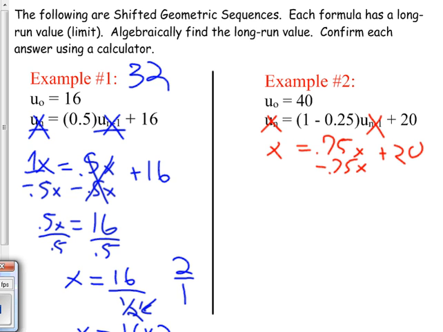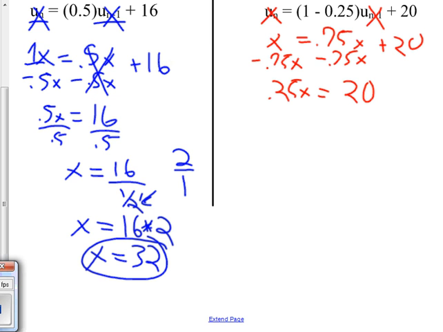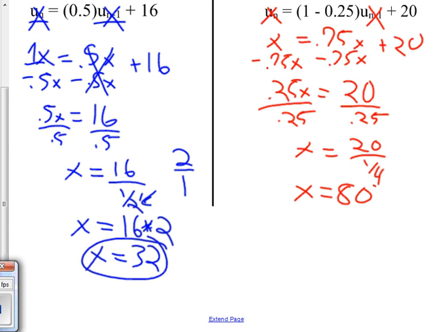Subtracting 0.75x from both sides, we end up with 0.25x is equal to 20. Then divide by 0.25 on both sides, and we've got x is equal to 20 over 1/4. Same thing, we're flipping and multiplying, so x is equal to 80. So our long run value in this situation would be 80.